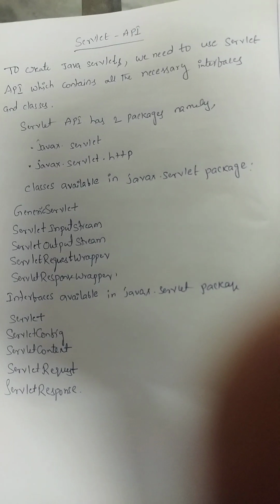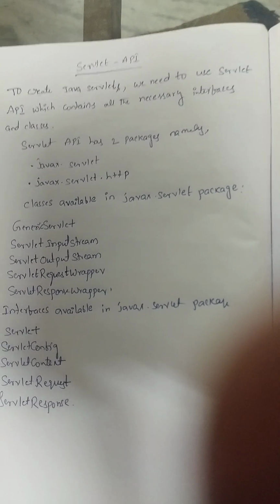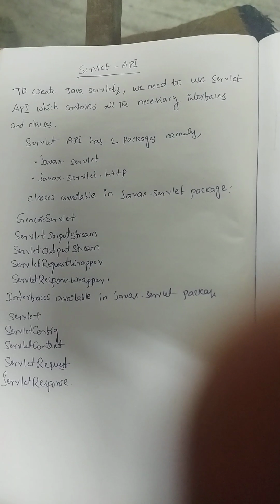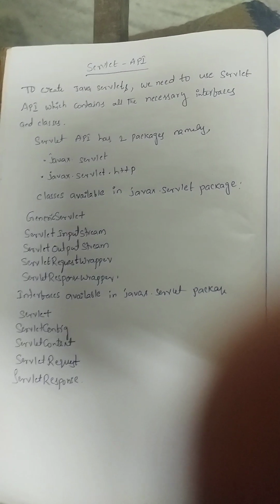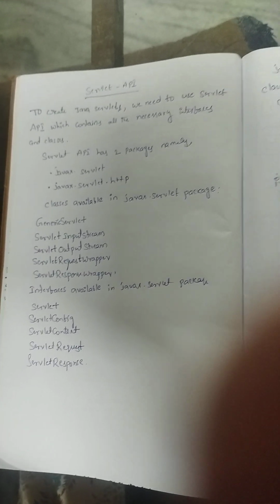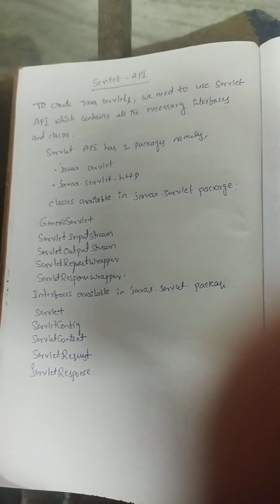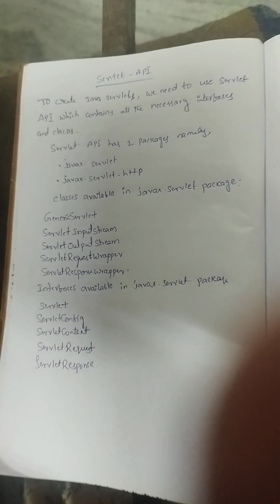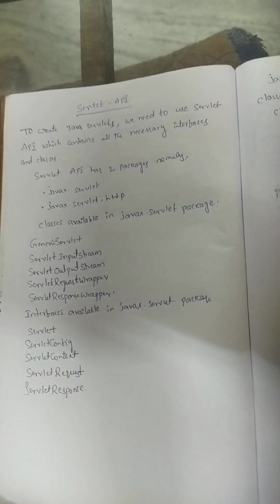First one is generic servlet, servlet input stream, servlet output stream, servlet request wrapper, servlet response wrapper. So generic servlet, which is used to define the generic and protocol independent servlet. Servlet input stream. This class provides an input stream to read binary data from a client request. Servlet output stream.